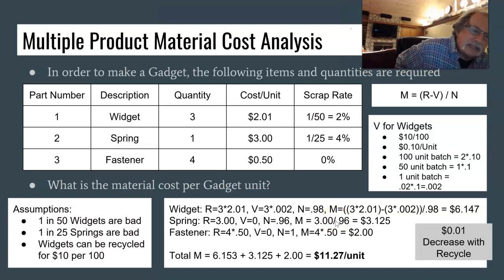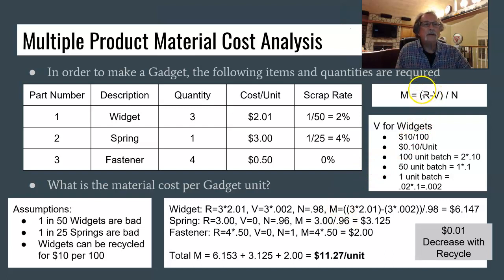So the takeaway from this lesson is that when we compute the direct material cost, we need to include the cost of the material, the recycled value of the material, and the number of good products per batch, or good pieces per batch, to calculate the individual cost of a unit.